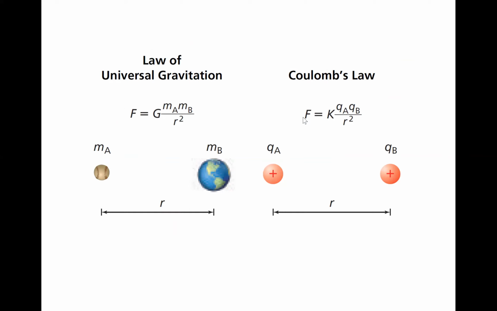Well, for Coulomb, it's the exact same form. It's proportional to Q1 Q2 over r squared, and the proportionality constant is a different number, but the form is exactly the same, okay? Isn't it interesting that they look so very similar? Well, there's a reason why they look so similar. It's because of what's happening to physics here.